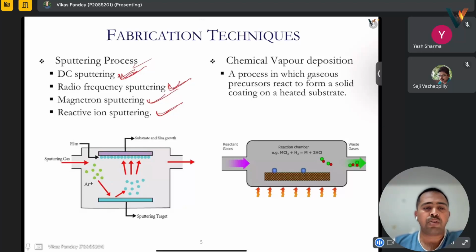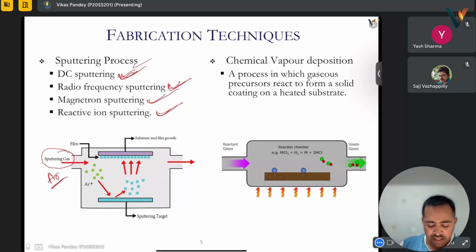Okay. The concept, just concept wise, is that the sputtering gas, which is mostly argon, gets inside this chamber, and that also at a very low concentration, not very high. Generally, we take something in the range of 10 to the power minus 2 millibar.